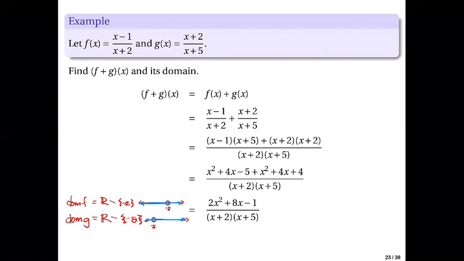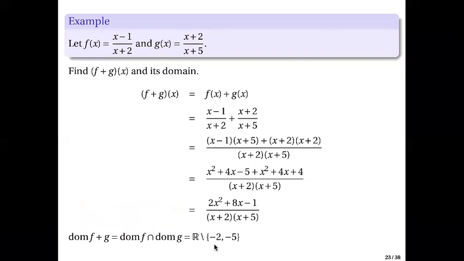Which means, if we get the intersection, it will be the set of real numbers except negative 2 and negative 5. Because negative 2 and negative 5, each of them, is not common to both. Negative 2 is not in the domain of f.